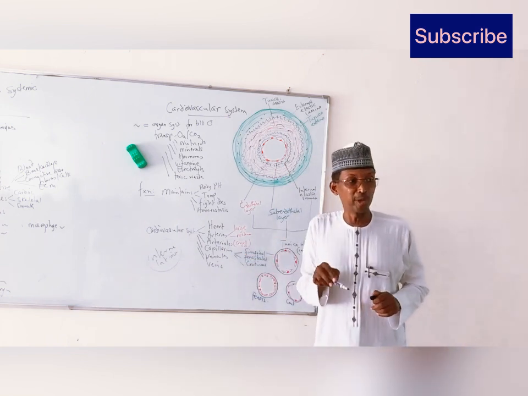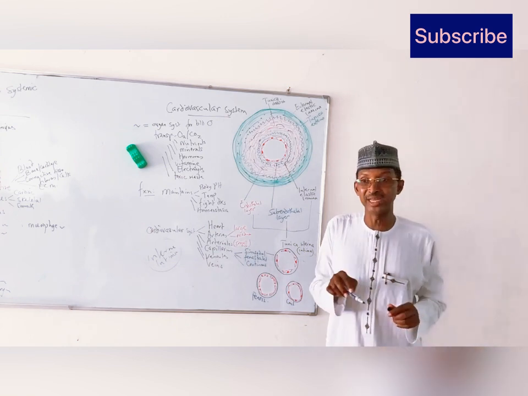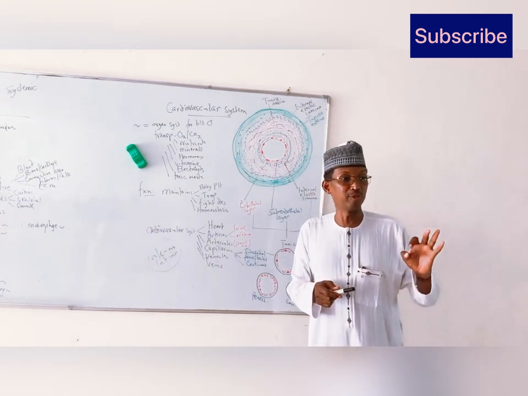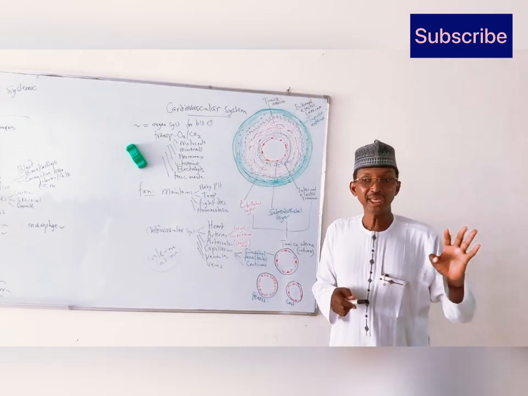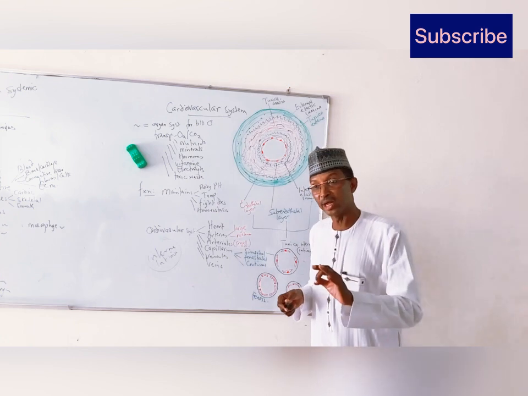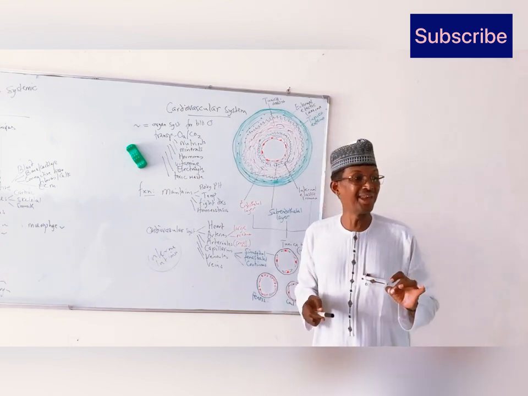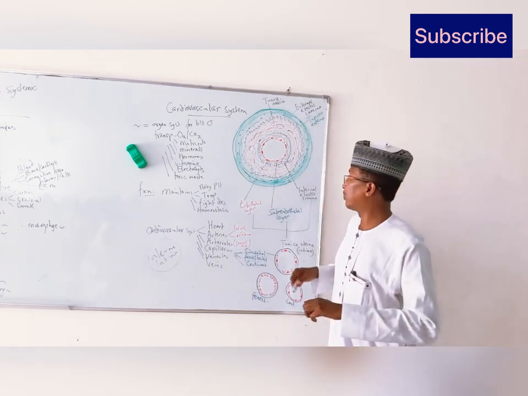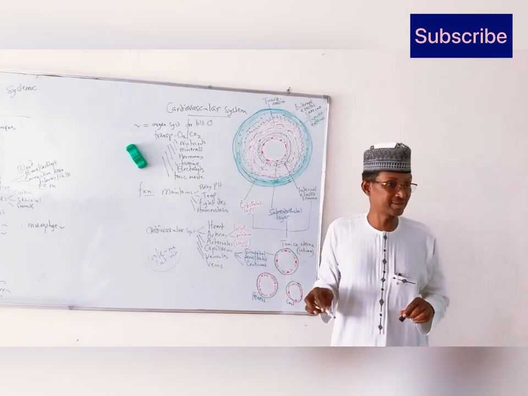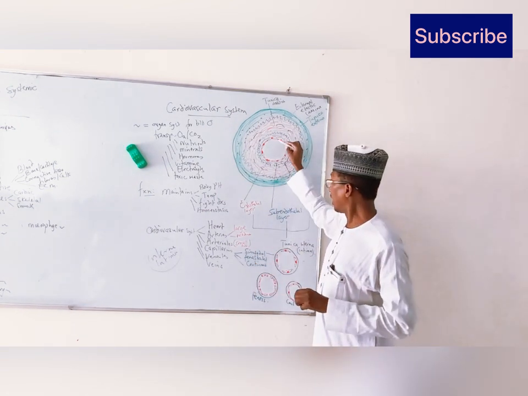And because they develop from the endoderm, you know that all our structures in our own human body develop from 3 basic embryologic layers. That means the ectoderm, mesoderm, and endoderm. So the epithelial cells lining the blood vessels develop from endoderm.